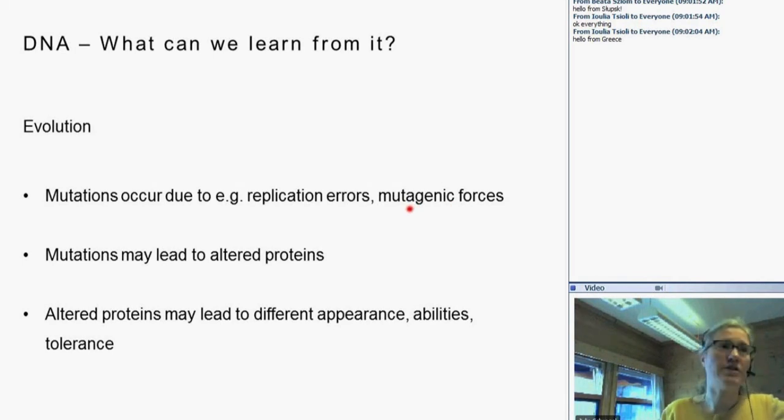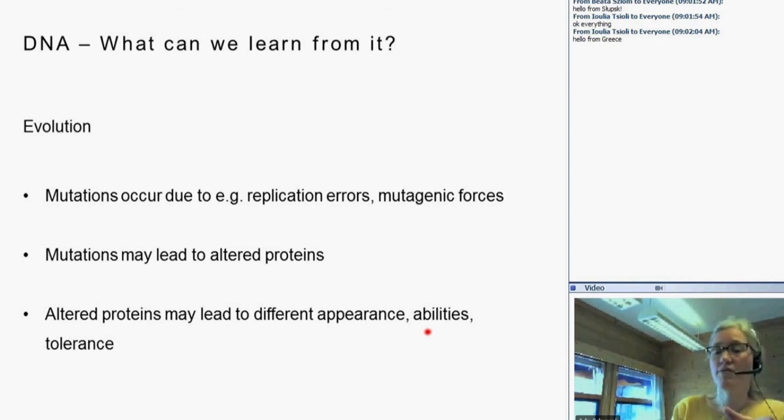Not all of the mutations are bad, like I said. Sometimes it turns out that the altered proteins perform better than the original protein. So if you have this going on over a long period of time and over the course of evolution, you may end up with different organisms that may change their appearance slightly.